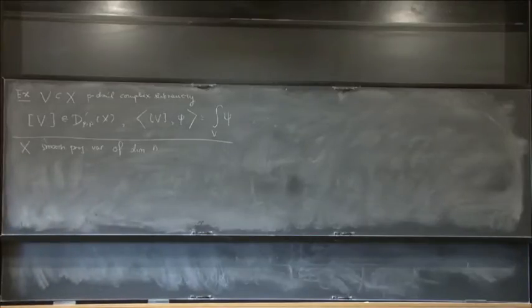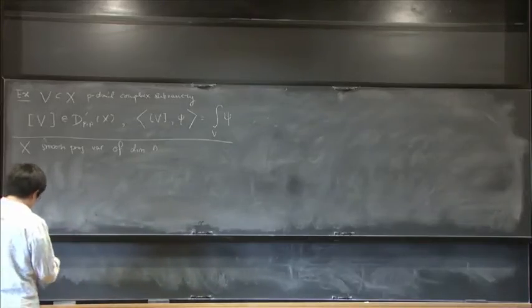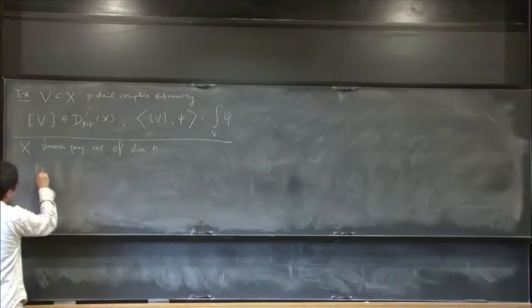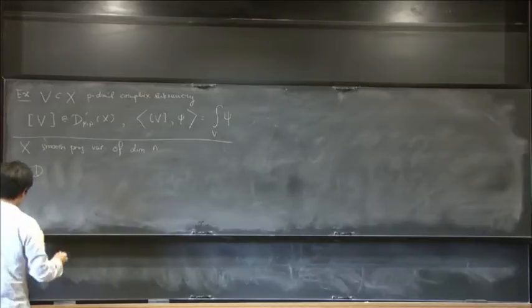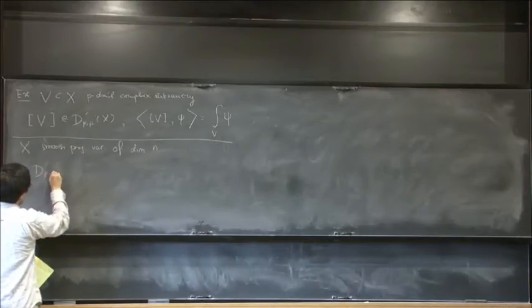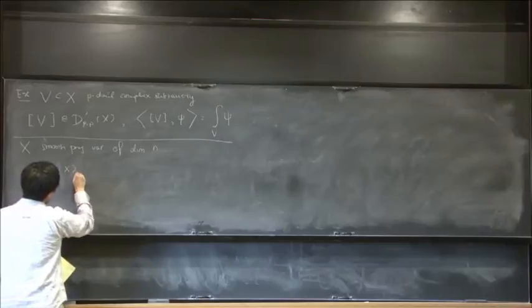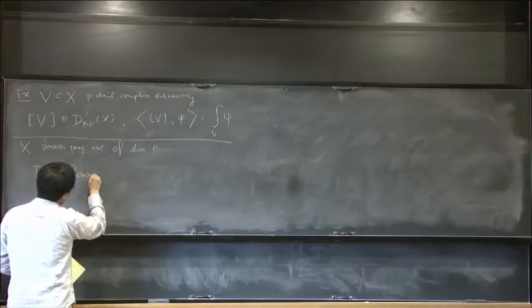By closed current, I mean this. You have an operator d defined on this space, and by taking the adjoint, you have the operator d defined on the space of currents. And I'll say that the current is closed when d of that current is 0. And that defines a subspace of (p,p)-dimensional currents consisting of closed currents.